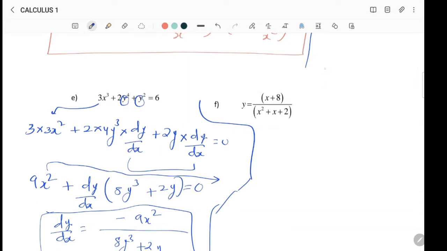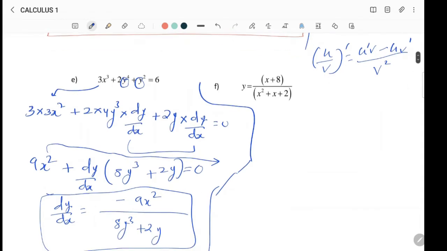So let us revise quotient rule first. (u over v) dash. So this is u dash v minus u v dash over v square. And in first differentiation, keep second as it is, minus first keep as it is, second differentiation over v square.